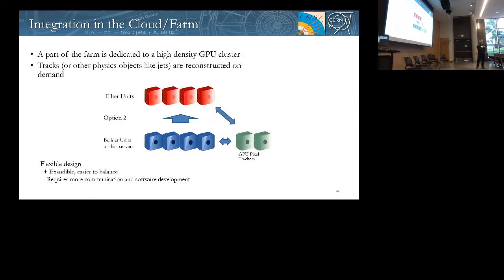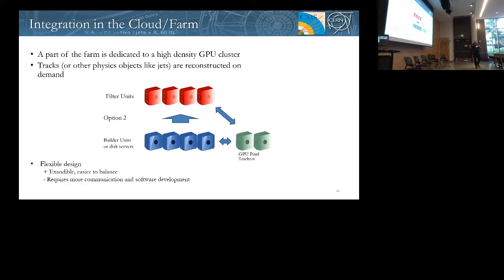So the other possibility, this is more for the long-term future, is to change completely the paradigm of computing farms and go to heterogeneous computing farms in which you have builder units and filter units, and then you have some racks of accelerators. They may be GPUs, they may be FPGA, TensorFlow processors, TPUs, whatever.